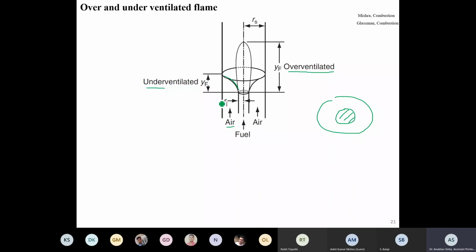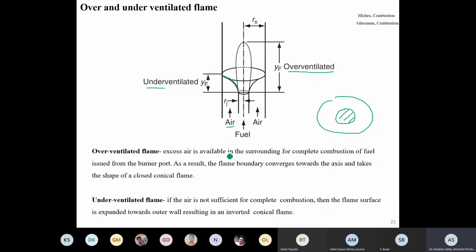So excess air is available for an over-ventilated flame for complete combustion of fuel issued from the burner port. If air is not sufficient, the flame surface expands towards the outer wall, resulting in an inverted conical flame.